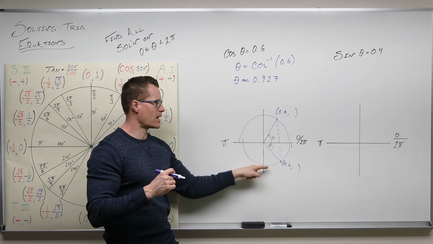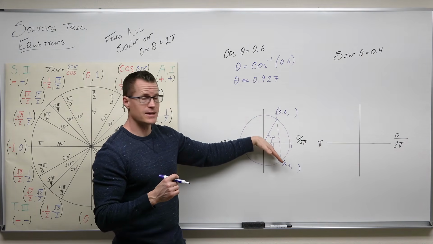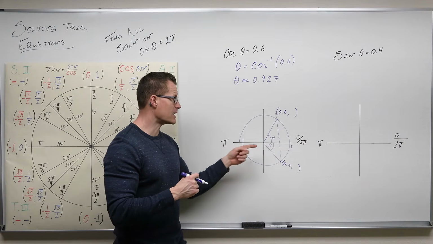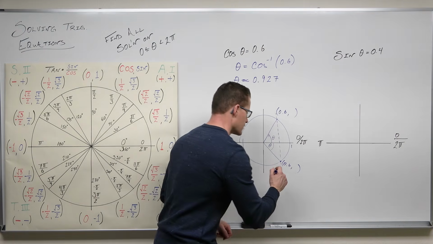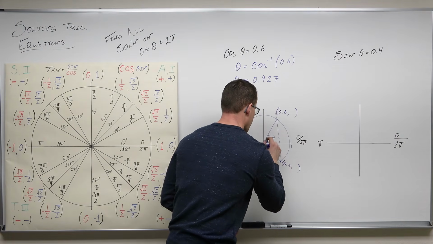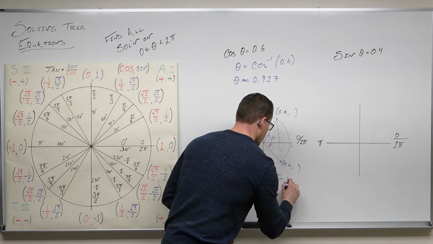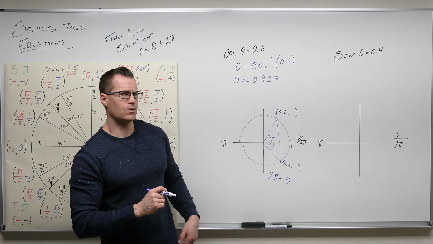Okay, imagine we go all the way around and we've gone too far, so back it up to that symmetrical angle. This would be found by 2 pi minus whatever that angle is. Well, what's that angle?